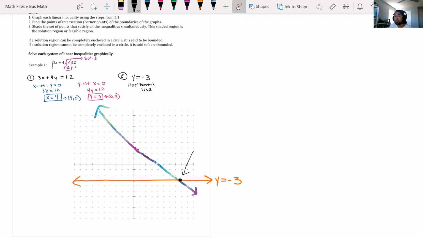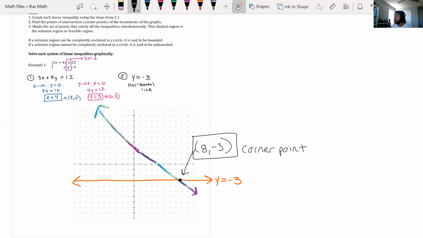If y is -3 and I plug that in, you'd get -12 and then 24, so x is 8. So where they intersect is at (8, -3). This is called a corner point.